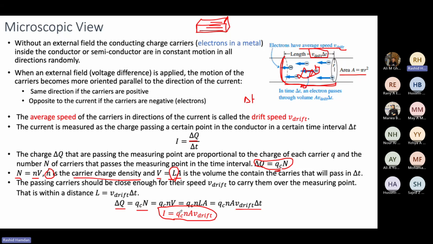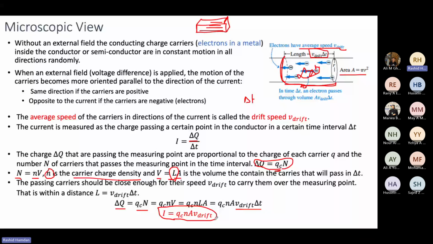So that's basically what the current is: how much charge, or the rate at which charge passes. So basically it is how common the charge carriers are, we need something to carry the charge, times the charge that each of these carriers carries, times how wide the area they are moving in. If we want to imagine it like a river, how wide the river is, and how fast the drift of these electrons is.